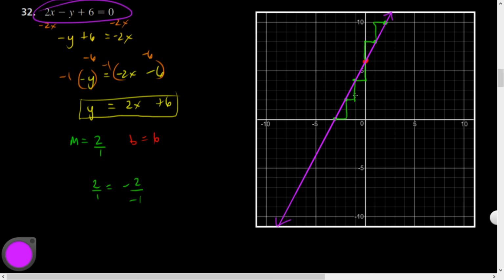So these are the solutions of that equation all mapped out. And if I want to find the x-intercept, it's where my line crosses the x-axis. Looks like that happens at negative 3. So x-int is negative 3.